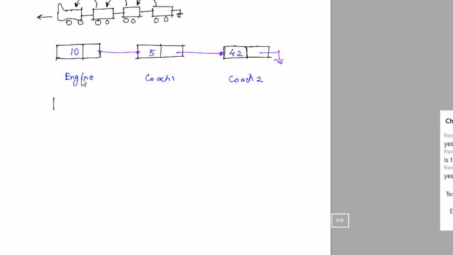Now let's say you want to insert a new coach between 10 and 5. So you will have a 10 here, and you already have a 5 here. Now let's say the new element is 3.